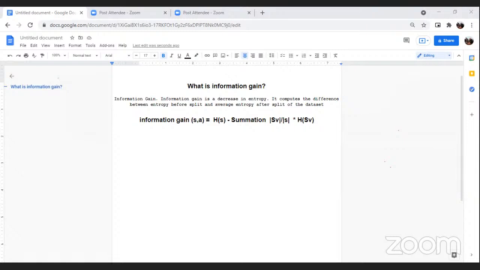So this is the formula, where information gain of S, A is equal to H of S minus the summation of S of V by S into H of S of V. So now let's go deep into each of the values. H of S is the entropy of the root node, right? And S is the total subset. S of V is the subset after the split, right? H of S of V is the entropy of that subset.